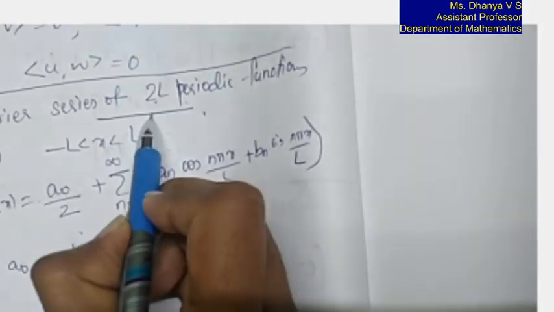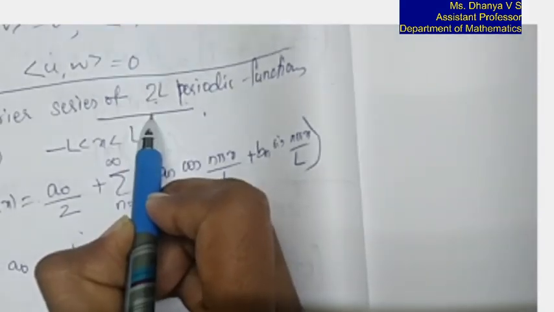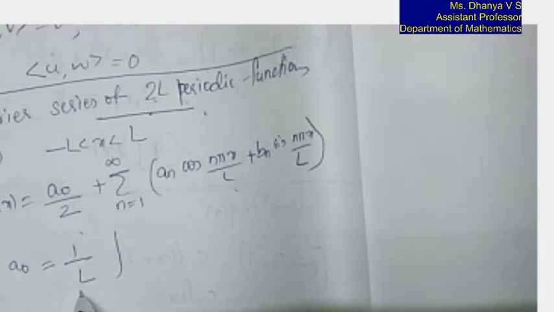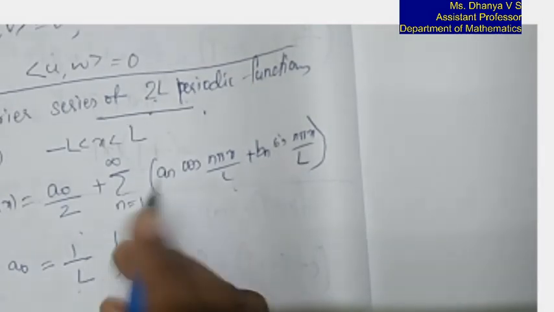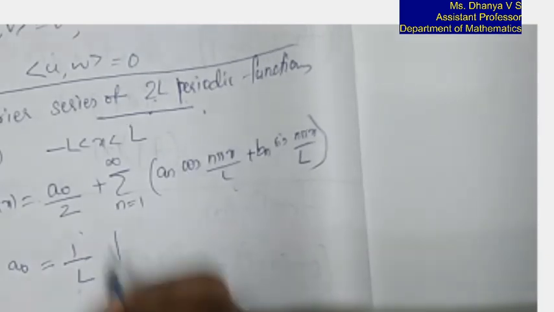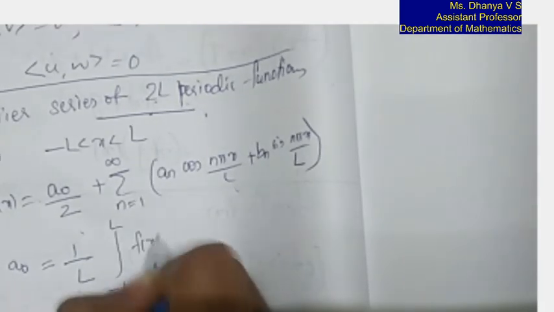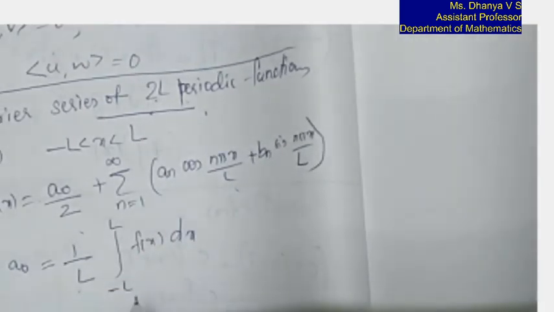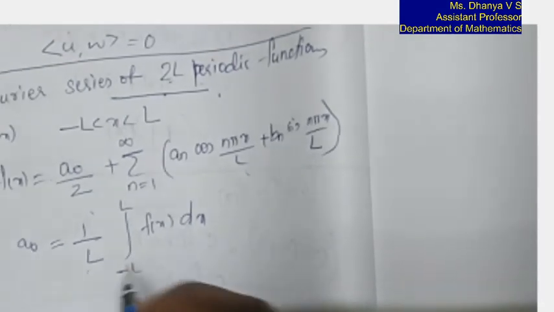The period is 12, you should not forget that, and we are taking half the period. So a0 is equal to 1 by L integral from -L to L of f(x) dx.